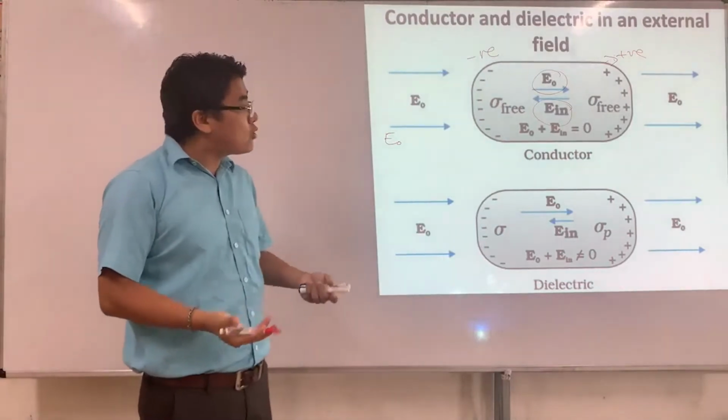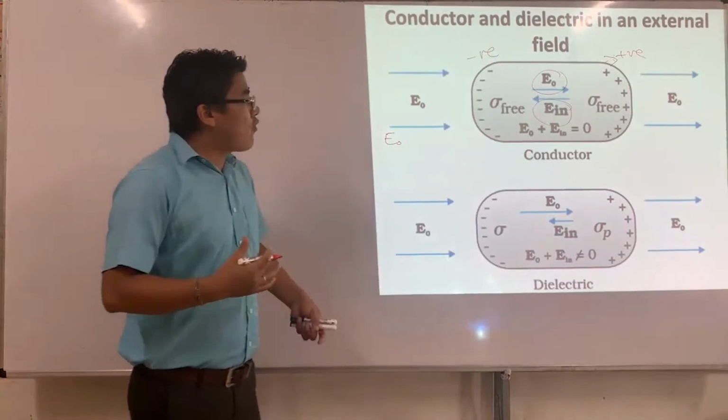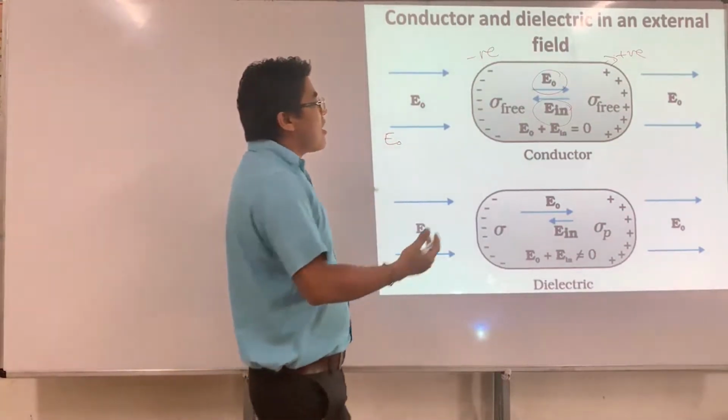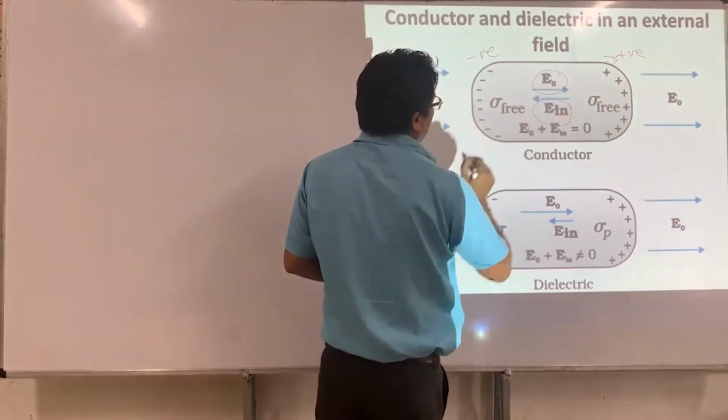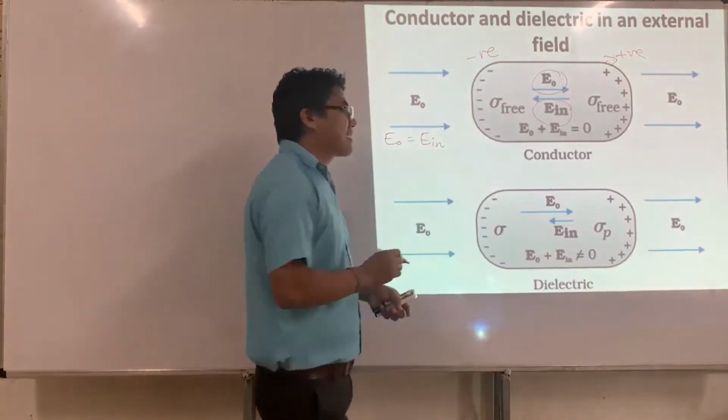This is what we call the induced electric field, and this is the external electric field. So the flow of charge continues until the induced electric field is equal to the external electric field.